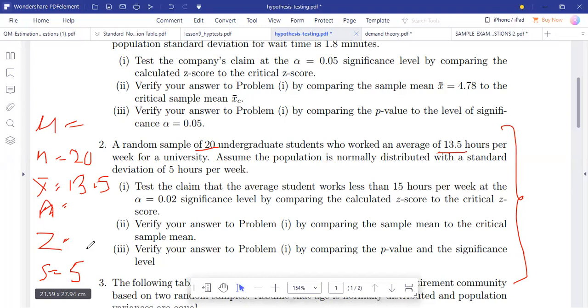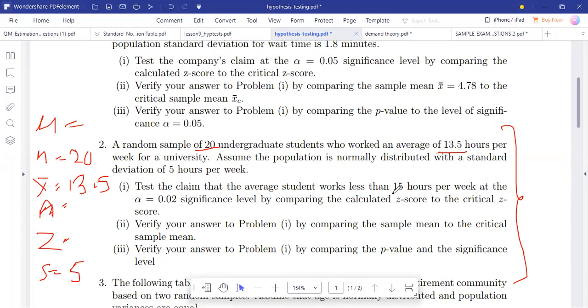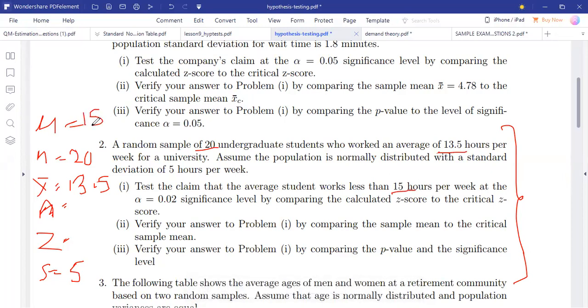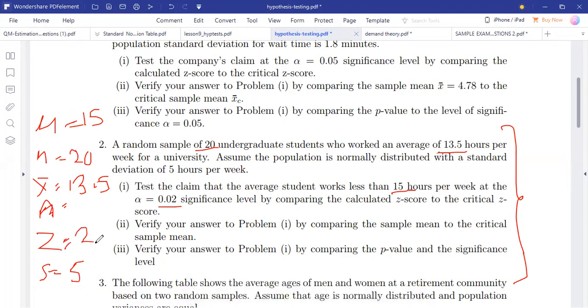The mu is 15 hours in part 1. Part 1, what is our mu? 15 hours. So what is our mu? 15. That's our Z in part 1. Z is 0.2%, which is 2.33.